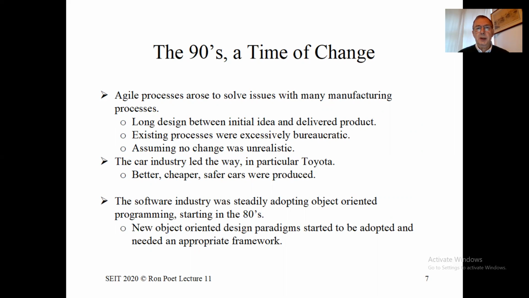Existing processes were excessively bureaucratic, so it's very difficult to change decisions once they've been made. And assuming that no changes will be made during the lifetime of the project and all initial decisions are right is unrealistic. And so in the 90s, the way of building cars changed, led by Toyota and then followed by all the other major car manufacturers.